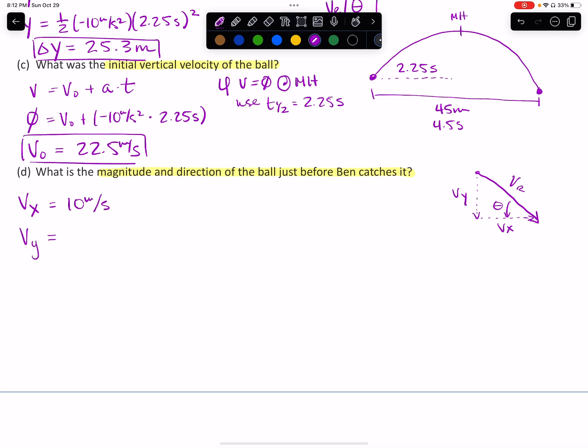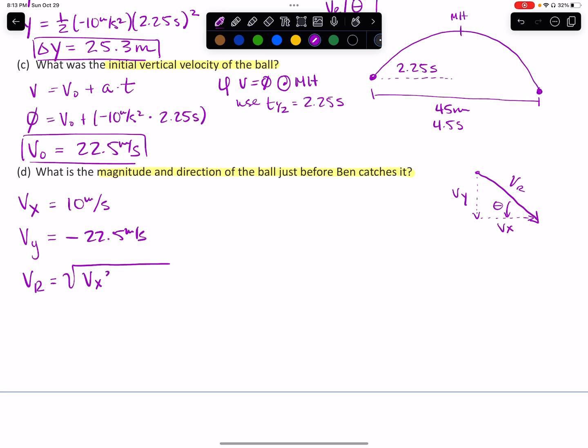Now, the final velocity vertically as it's coming down is going to be equal to the initial velocity at the beginning of the problem. All right, so we found in part C that that initial velocity was 22.5 meters per second. If it's coming down, then it's going to be negative 22.5 meters per second. This is where understanding free fall is very, very important. All right, with that in mind, we can solve for our resultant.